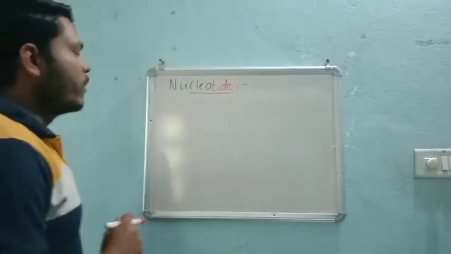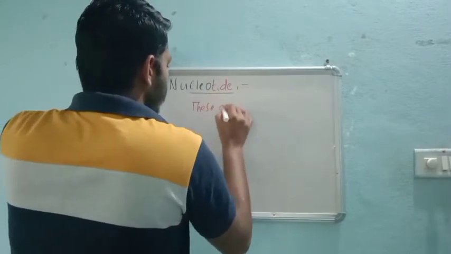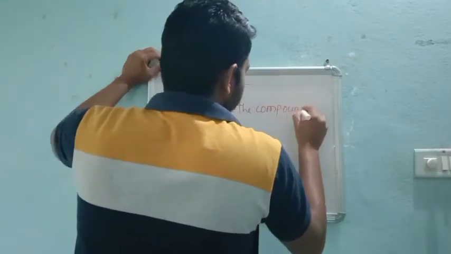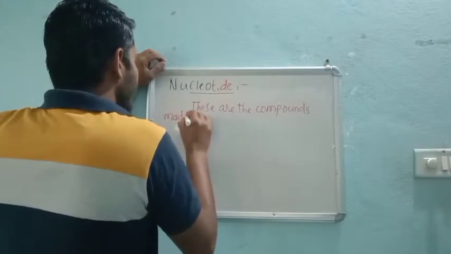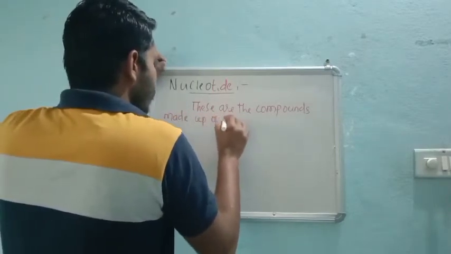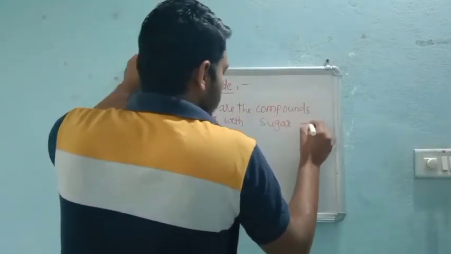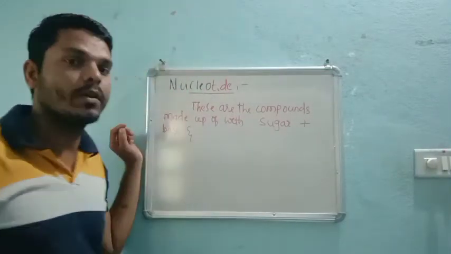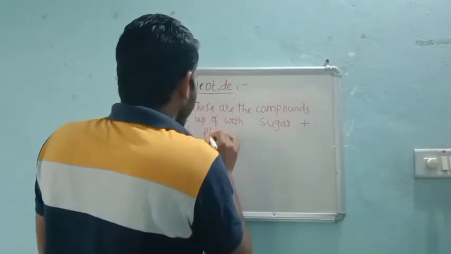In a nucleotide, these are the compounds made up of sugar plus base and phosphoric acid.